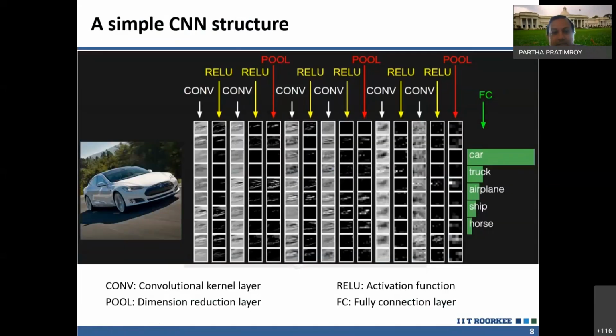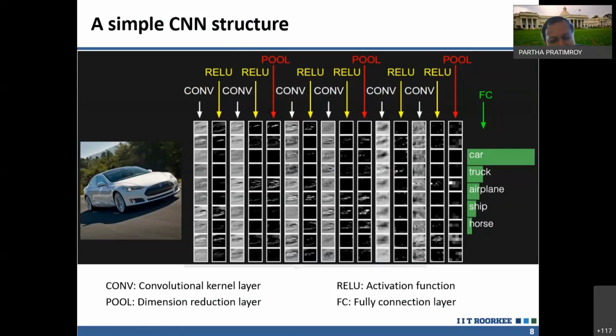Fine. And there are many CNN architectures present. Every day several new architectures are coming. Some of the popular ones are AlexNet, VGGNet, and ResNet.